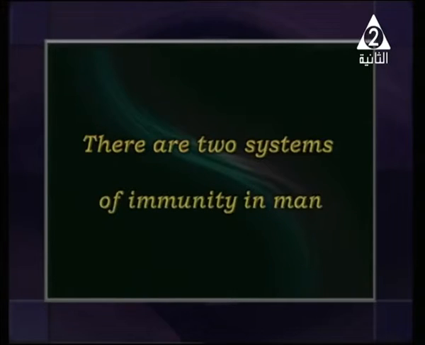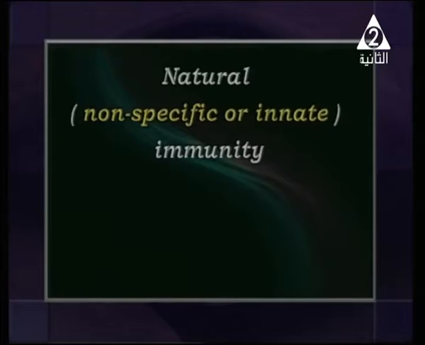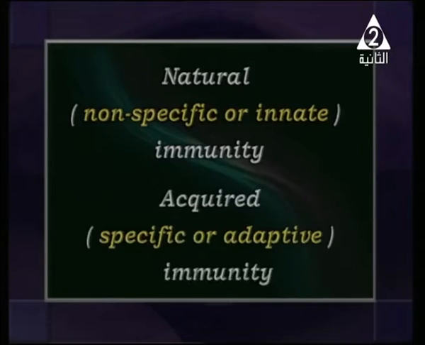The first one is called the natural, or non-specific, or innate immune system. We're going to study this type in detail right now. And the second is the acquired, or specific, or adaptive immunity.